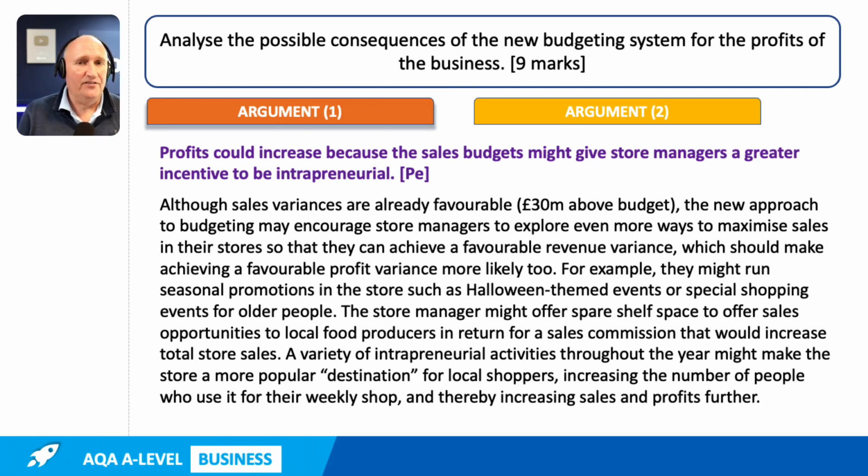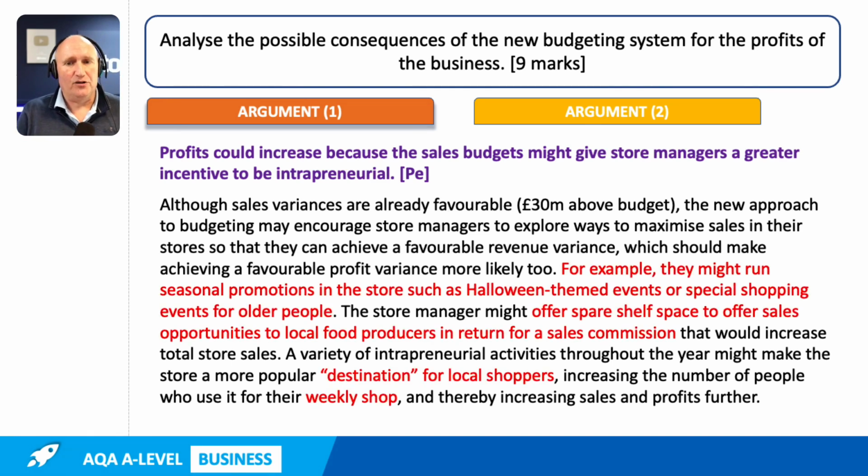A variety of entrepreneurial activities such as that throughout the year might make the store a more popular destination for shoppers, thereby increasing the number of people who use it for their weekly shop and thereby increasing sales and profits further. So there's another positive reason why this budgeting might create an incentive to drive sales forward and therefore drive profits forward. And as you can see, we've got two or three little bits of application in there.